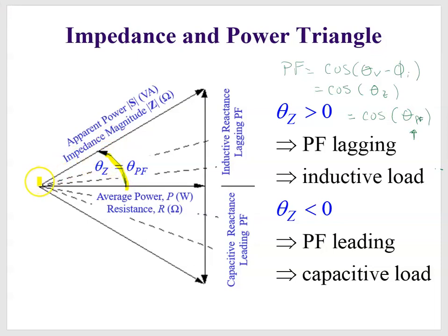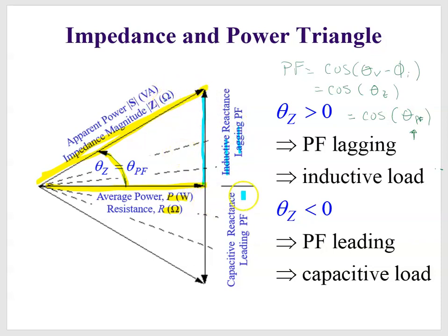The magnitudes, or our apparent power, or the magnitude of our impedance, is on the hypotenuse. The real part, which is the resistance for impedance, its average power for power, that's on our x-axis. And then if we have an inductive load or a lagging power factor, our triangle is in quadrant 1.